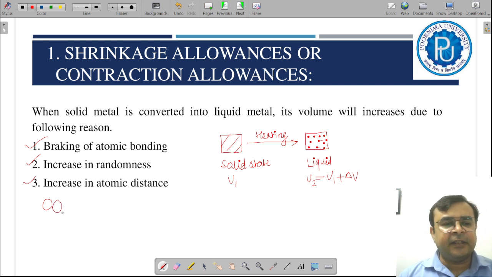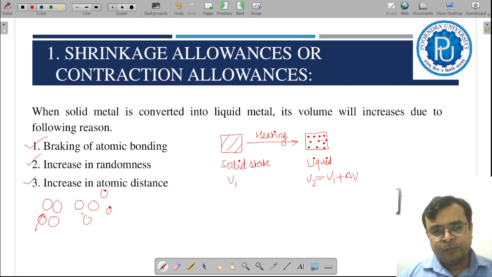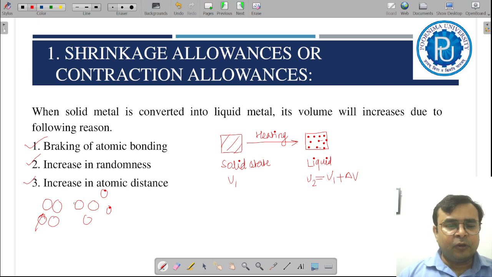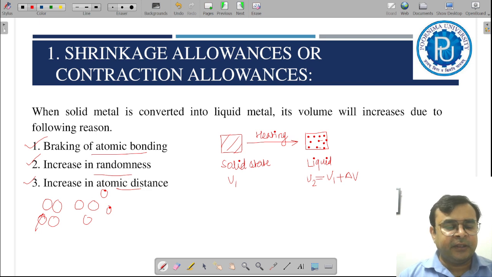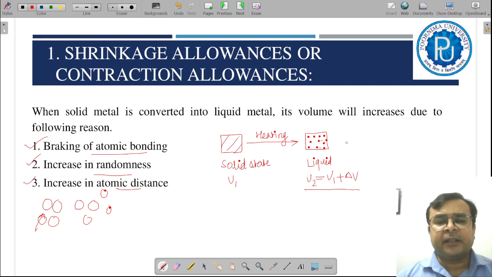When you start heating, the interatomic distance increases, and the orientation of the atoms also changes. Randomness increases. Because of this, the volume of the liquid metal increases.